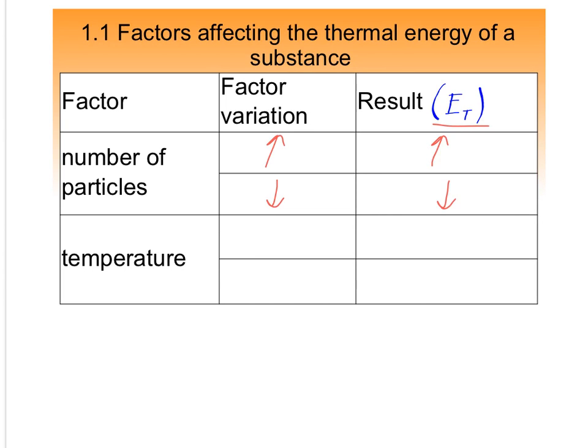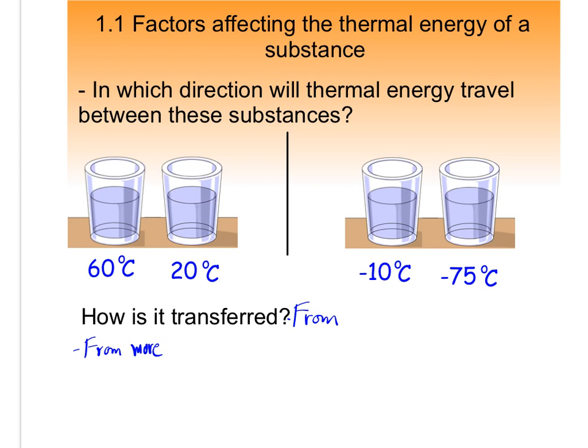Now for temperature, if I increase the temperature of my water in my glass, I am also increasing the thermal energy present in my glass of water, while if I decrease temperature, I also decrease the amount of thermal energy.